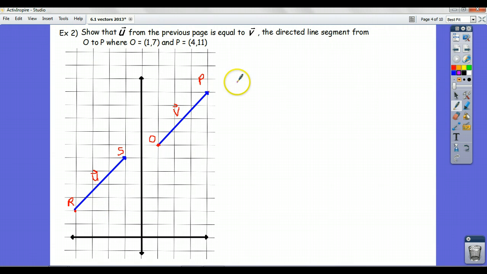component form. So the component form of u, we can see clearly, is, well, how does it move you? If you start at the tail to go to the head, you move 3 right and up 4. So its component form is (3, 4).